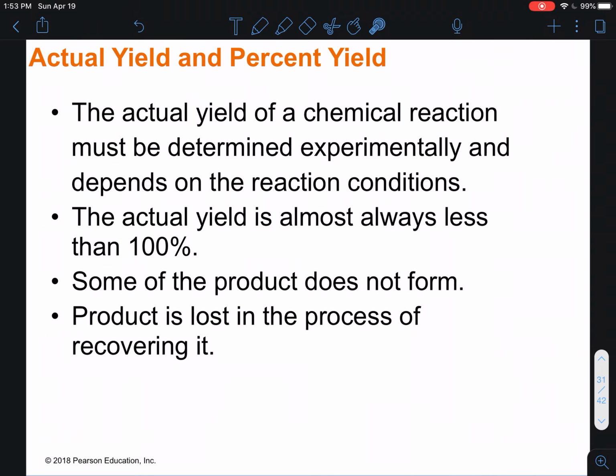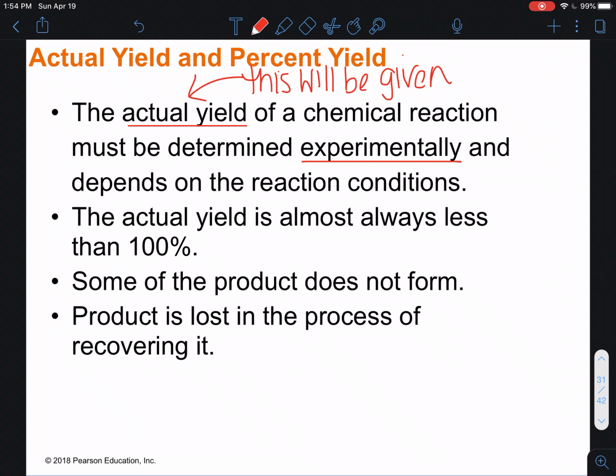The actual yield of a chemical reaction must be determined, right? This is really important. The actual yield must be determined experimentally. And since this is a lecture class, you will always be given actual yield because you can't actually run a chemical reaction in a lecture class, okay?